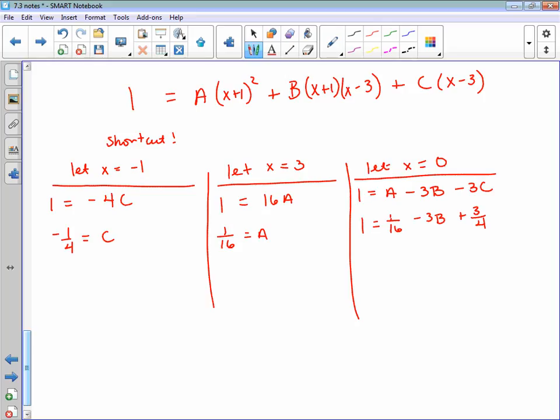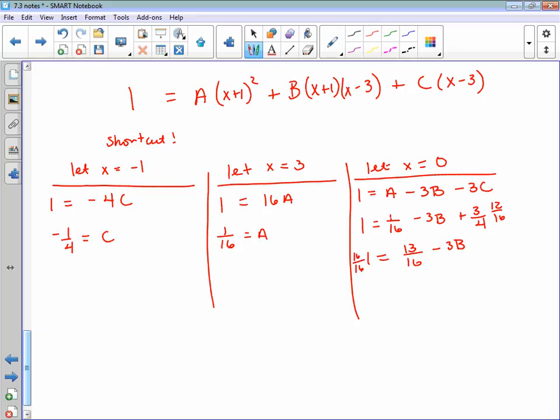All right, so now we're going to add some fractions. So how do I add 1/16 and 3/4? It's 13 over 16. Right, because this is really 12 over 16, right? Okay, so I've got 1 equals 13 over 16 minus 3b, so subtract 13 over 16. So this is really 16 over 16. What do I get?